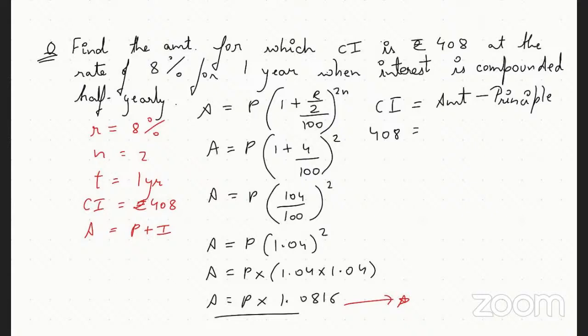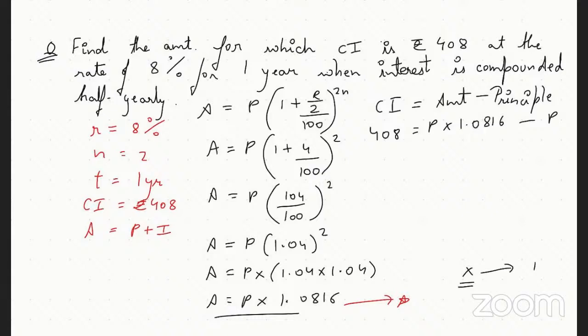So I'm substituting this equation here, that is P into 1.0816, then minus principal, so minus P. Now guys, if I'm having a single variable, suppose I have a variable x, what will be its value? 1.